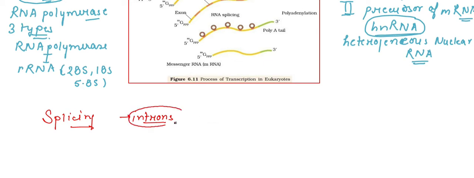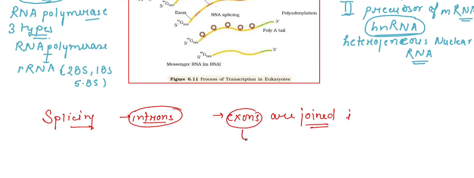So introns, the non-expressing sequences, need to be removed, and exons are joined in a defined manner. These are the expressing sequences which appear in the mRNA. So exons are joined in a definite manner, and the enzyme responsible is ligase, right?